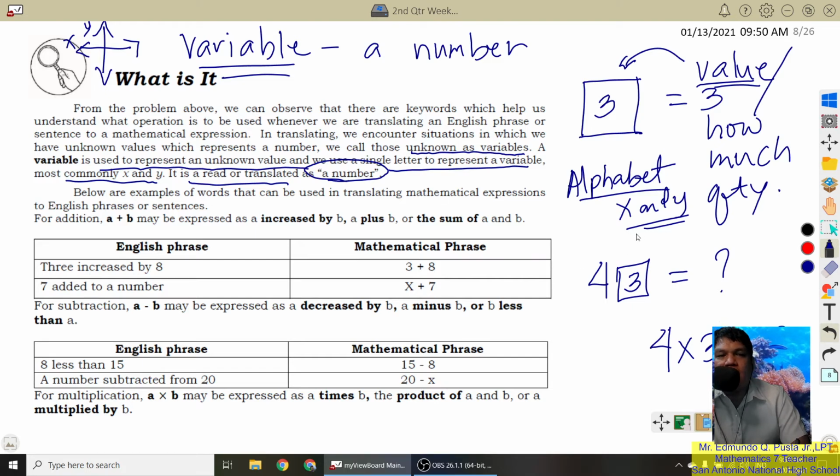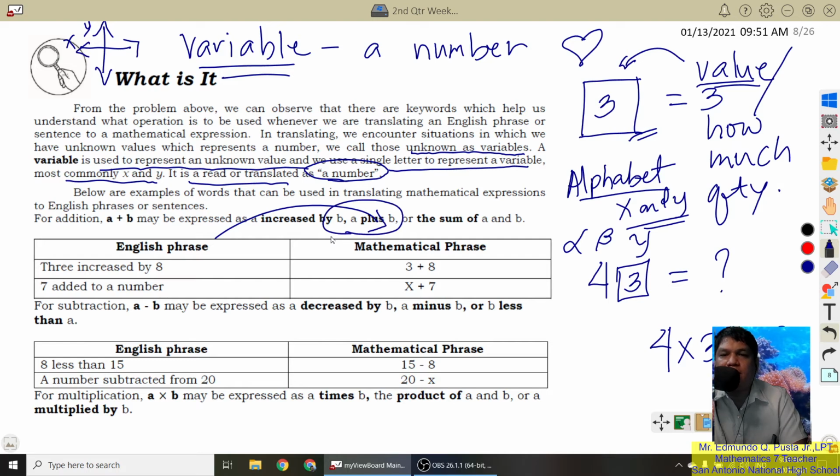That's why we're practicing you to use X and Y. But initially, you can use any kind of alphabet from A to Z to represent any variable. You can also use Greek letters, alpha, beta, gamma. We can also use that as a variable. And even symbols. So, ako ginamit ko kanina ay boxes. We can also use hearts. Okay? So, continue tayo sa ating pinag-uusapan. English phrases into mathematical phrases.